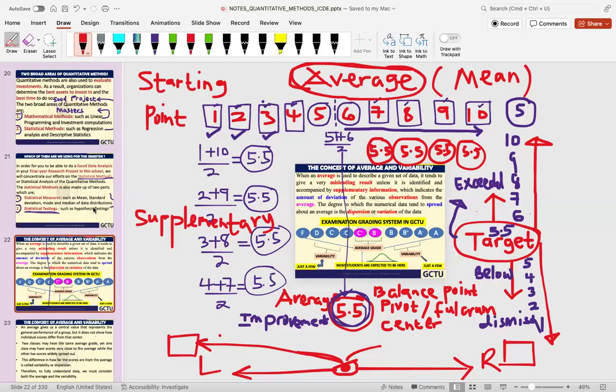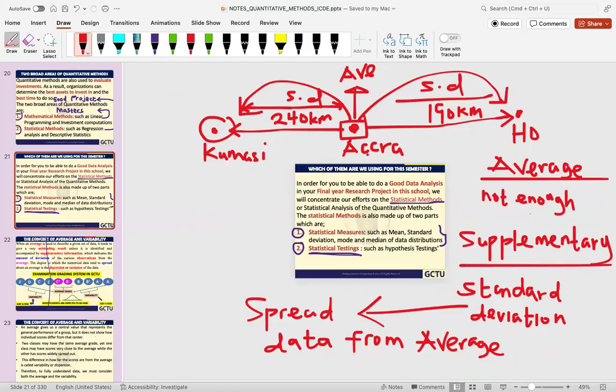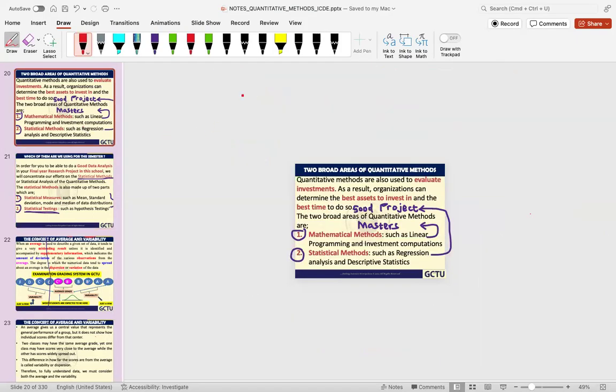Now, the problem always in quantitative method is how to identify the deviation away from the center. That is what is difficult to guess, because your guessing may be wrong. And let's try an example here for you to understand what I'm saying. Now, the initial example, we did 1, 2, 3, 4, 5, 6, 7, 8, 9, and 10.